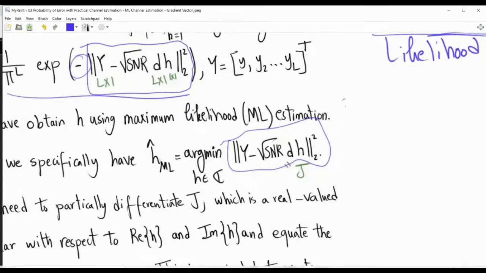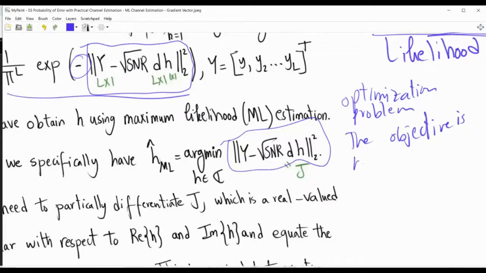Well, we have here an optimization problem. The objective is a real valued scalar. What are our optimization variables?